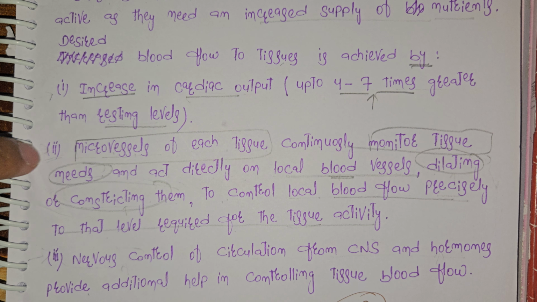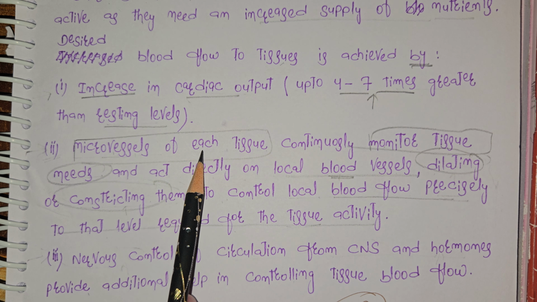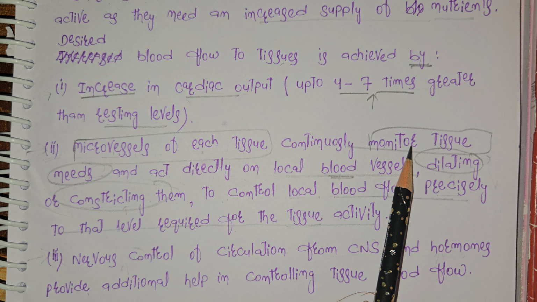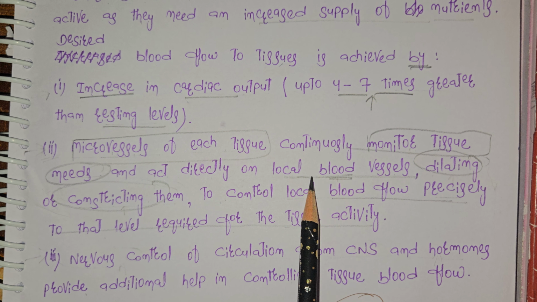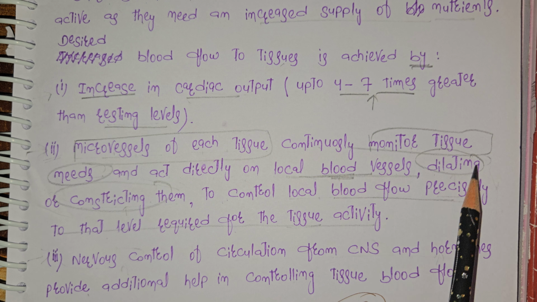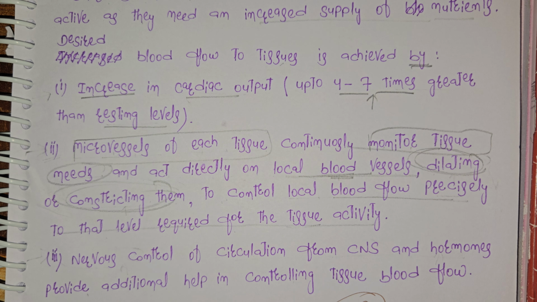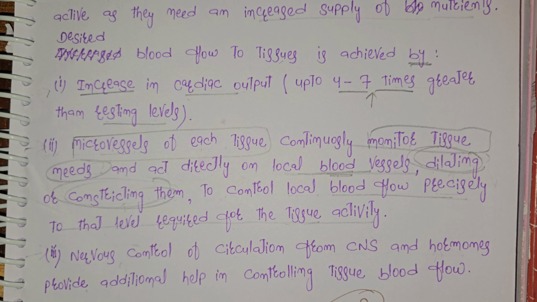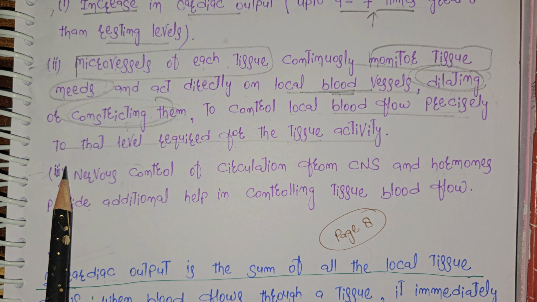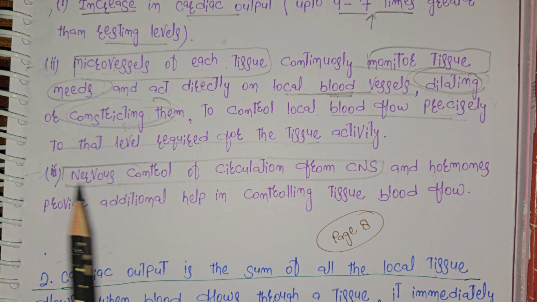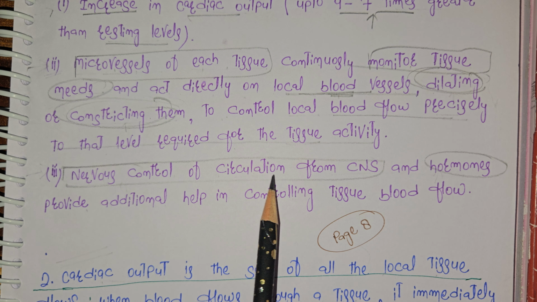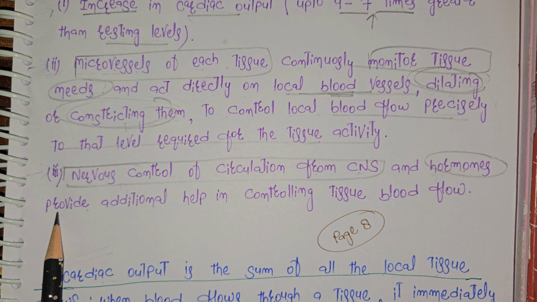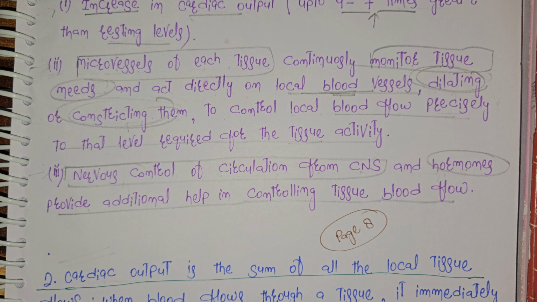So this is the second way: microvessels of each tissue monitor tissue needs and act directly on local blood vessels, which dilate and constrict according to the tissue needs. Moving on to the third way, nervous control of circulation from the CNS and hormones provides additional help in controlling the tissue blood flow.